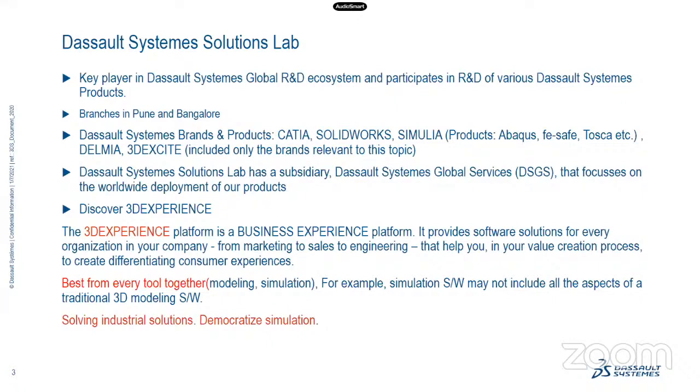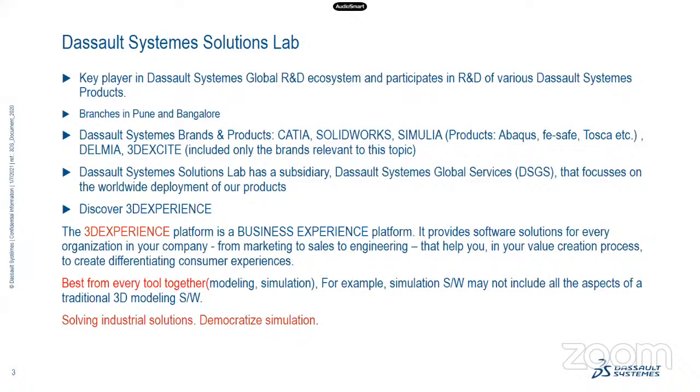Fe-safe is mainly for durability analysis. Tosca is for topology optimization. Delmia is for manufacturing simulations.